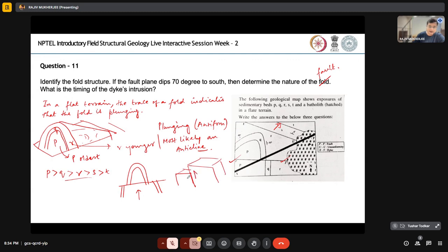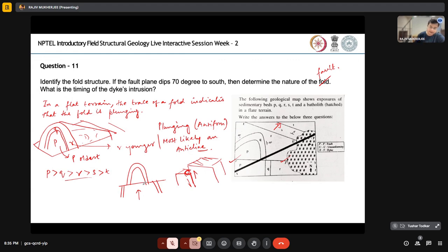This part has moved upward and contains the trace of the fold, and this one was relatively down, the footwall. The hinge part and the traces of the limb remain in the hanging wall, which was thrown upwards, and that is why after erosion we get an enlarged form of the trace of the fold.